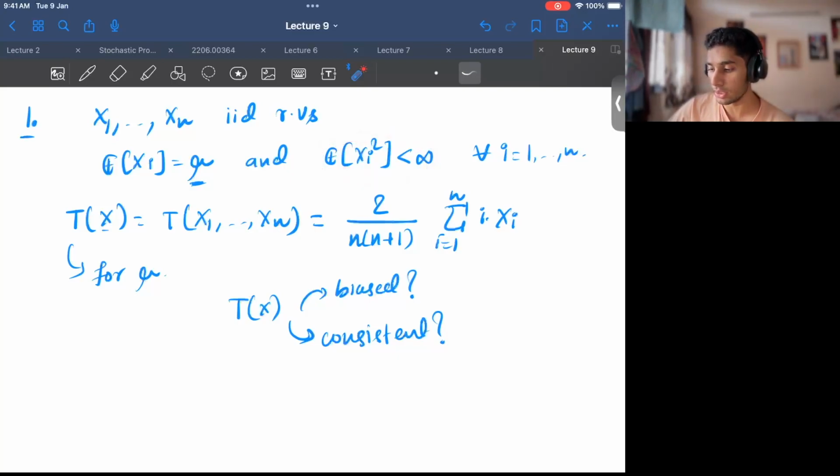Given this estimator, is it biased or not, and is it consistent or not? These are the questions. Just give me a second.